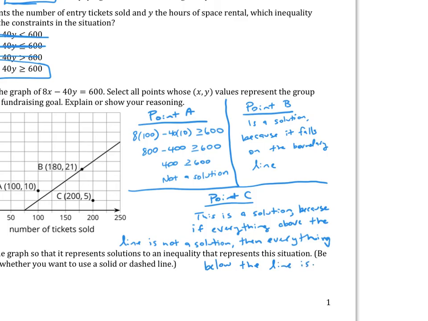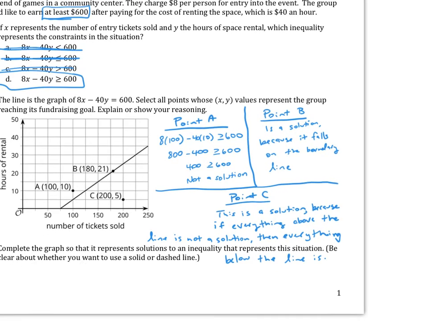But again, you could have also plugged in 205 and gotten 1600 minus 200 to get 1200, and 1200 is greater than 600.